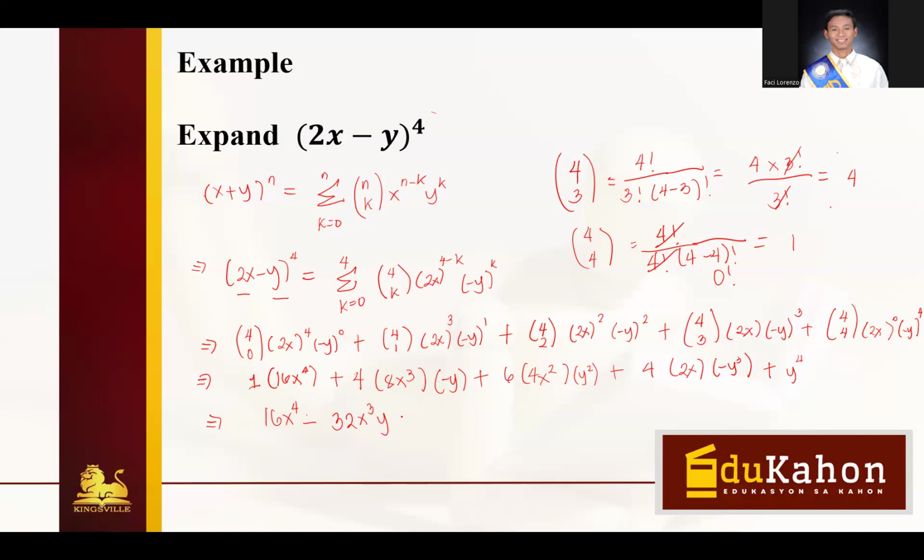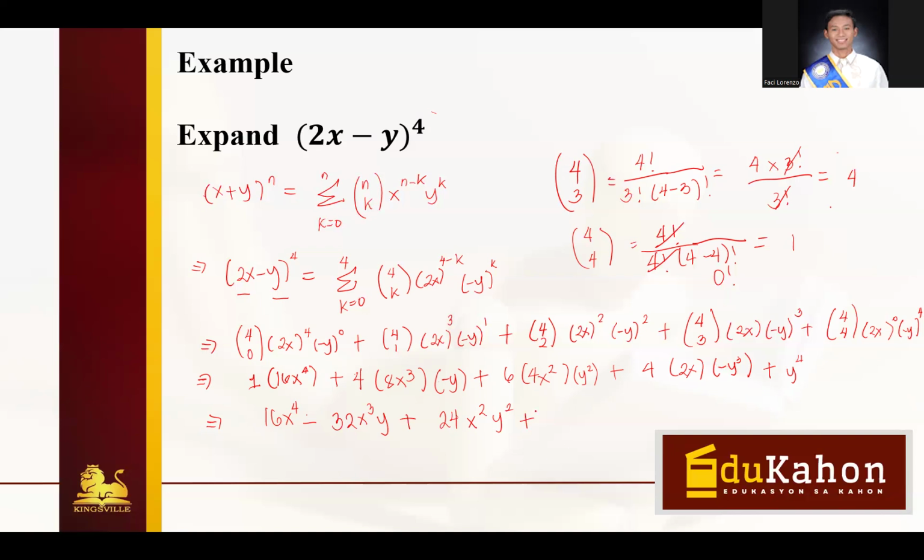How about for this? We have your third term, 6 times 4, that is 24. x squared. Then we copy the variables, y squared. Plus your fourth term rather, 4 times 2, that is 8. And 8 times x is 8x. But we have a negative value here, so this is negative y cubed.